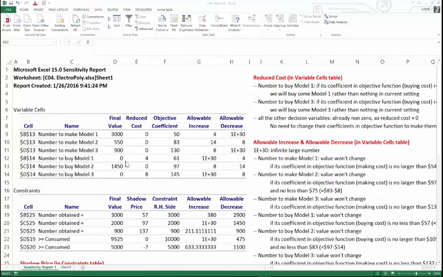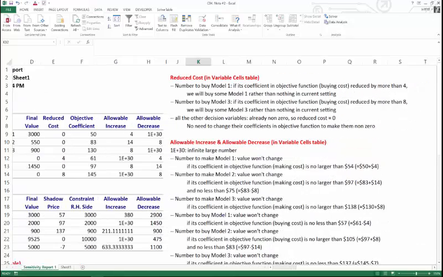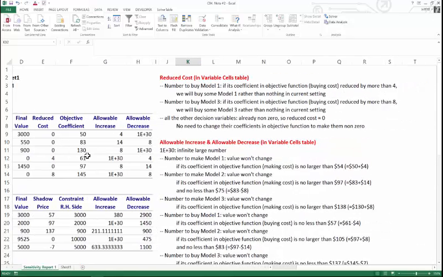Okay. Now, if we really want to buy something to get a positive final value, what do we need to do? It's indicated by reduced cost. More specifically, it means the coefficient of number to buy for model 1, which is its cost, $61, has to be reduced by more than $4.